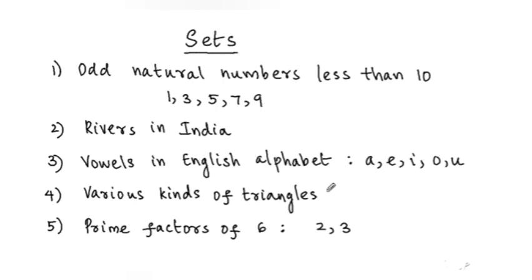If I consider the second collection, rivers in India, Ganga is an element of that collection. And if I take Nile, it is not a river in India, so it does not belong to the collection. So if you consider any of these 5 collections, we can say whether the given element belongs to the collection or not.